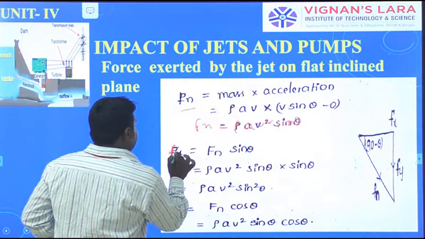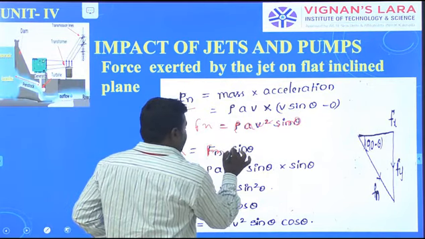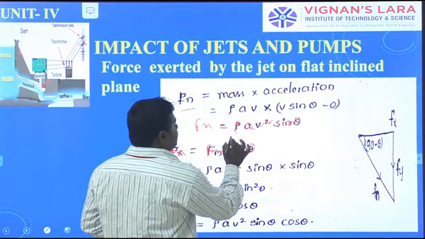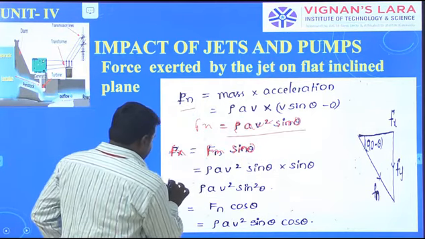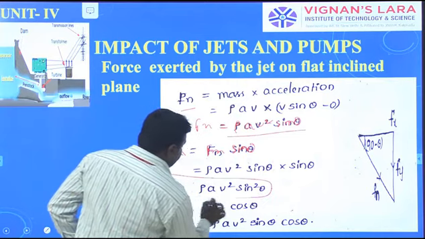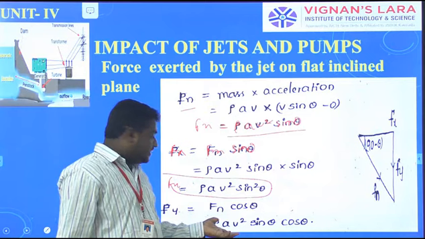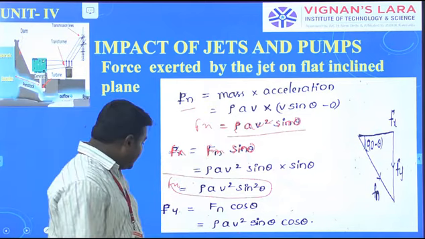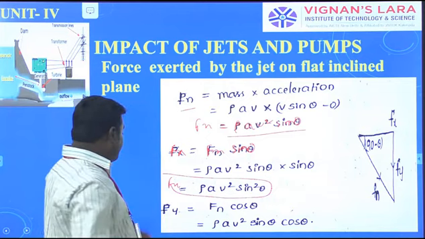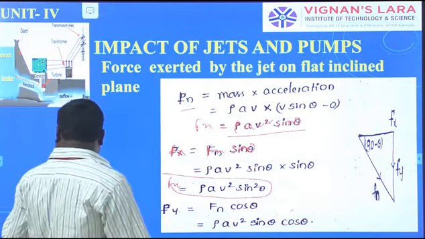Then Fx equals Fn sin theta, and Fn is rho A V squared sin theta, so we get Fx equals rho A V squared sin squared theta. Then Fy equals Fn cos theta, so finally Fy equals rho A V squared sin theta cos theta.